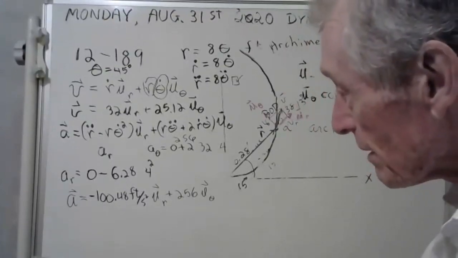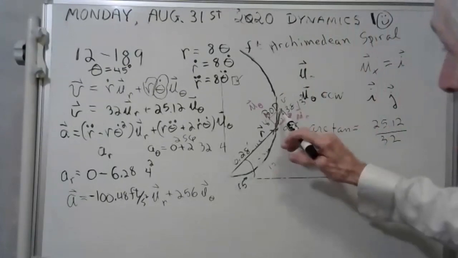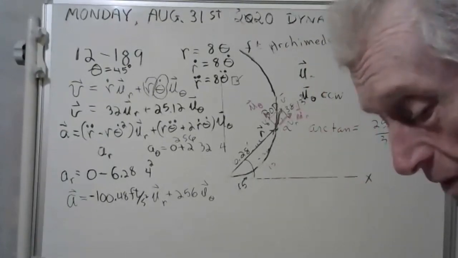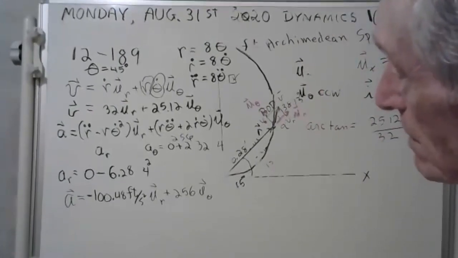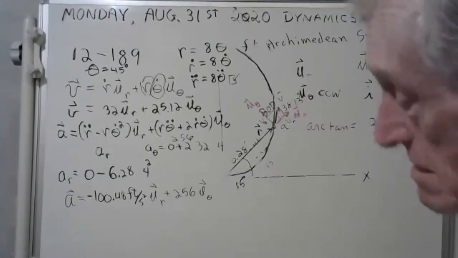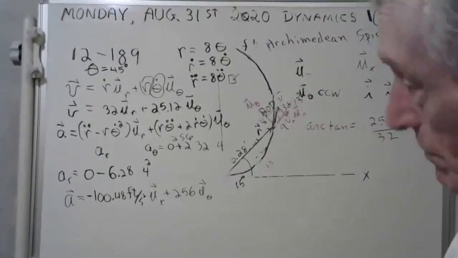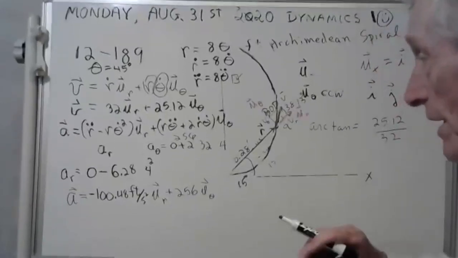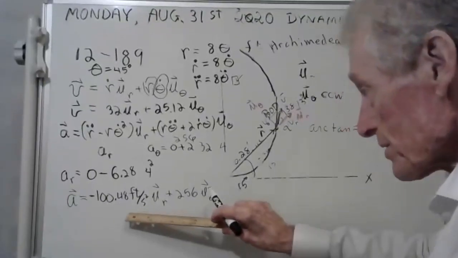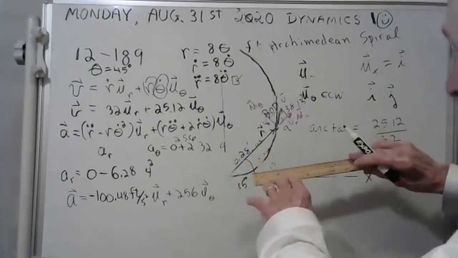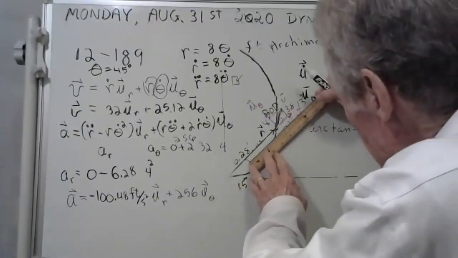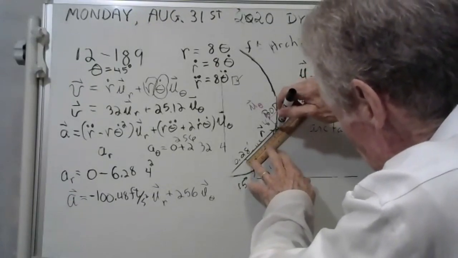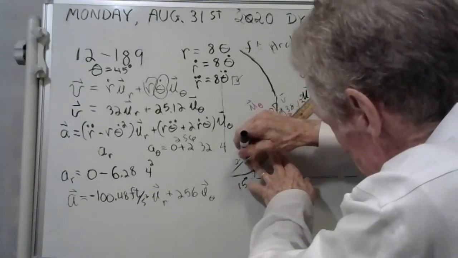Okay, now let me draw that. Let me show you that acceleration vector. See, we did the velocity vector. Now let's do the acceleration vector. How am I going to do that? Well, maybe use centimeters, I guess. That'll work. Now, in the radial direction, we have 100. Okay, but wait a minute, it's a negative 100. So we'll go a negative 10. Well, kind of goofy, but there we go.